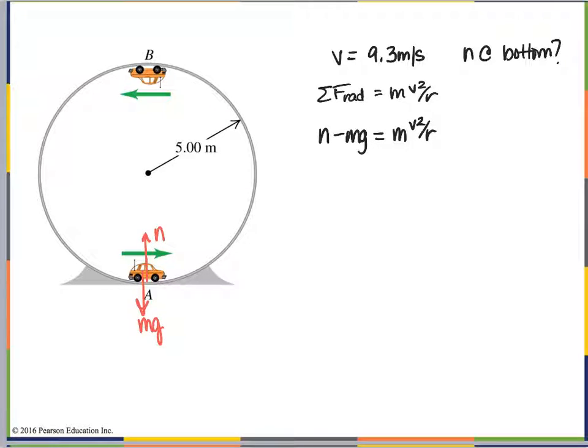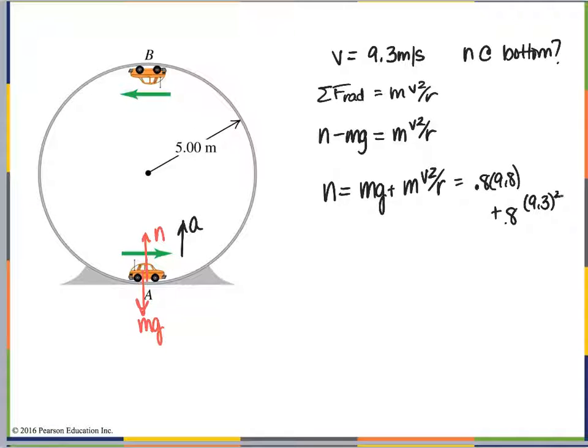I'm still using up as positive and down as negative. When we're at the bottom, the acceleration is up, so that's why it's positive. And so now I can find the normal force at the bottom is going to be mg plus mv squared over r. So it's 0.8 times 9.8 plus 0.8 times 9.3 squared over 5. And we find the normal force is 21.7 newtons.